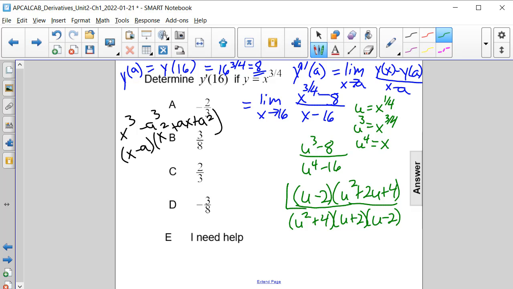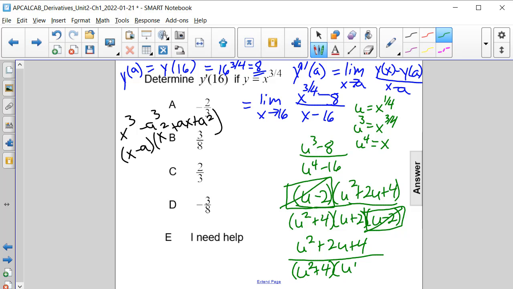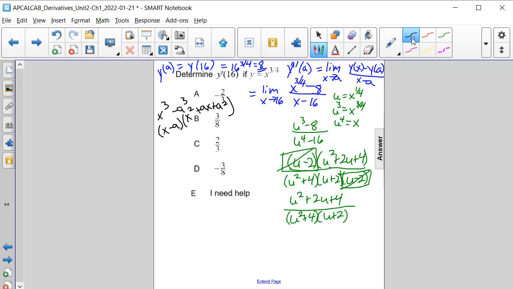Now notice that u minus 2 and u minus 2 cancel each other out, and we can rewrite it as u squared plus 2u plus 4, all divided by u squared plus 4 times u plus 2. Well, we're going to have to find the limit with x values here, so we have to convert it back into x values. So that is the next step in this process.